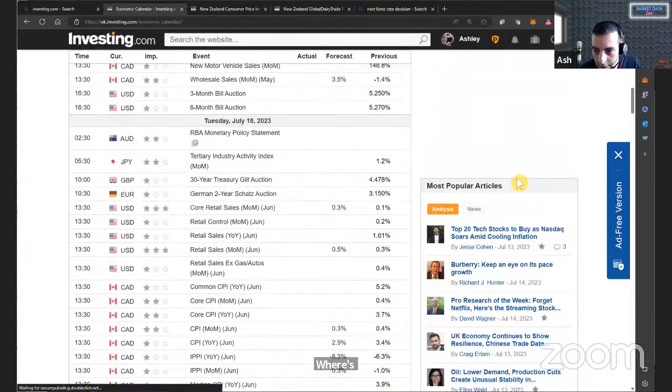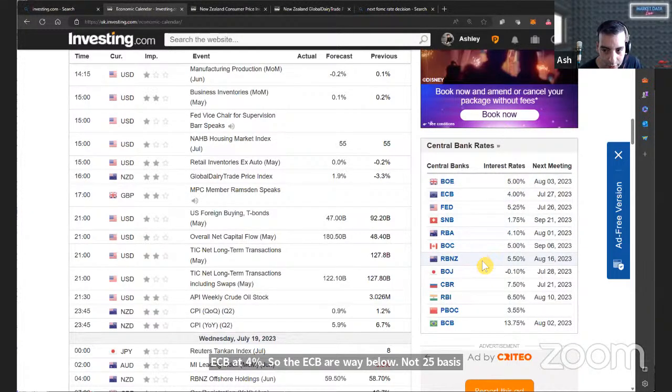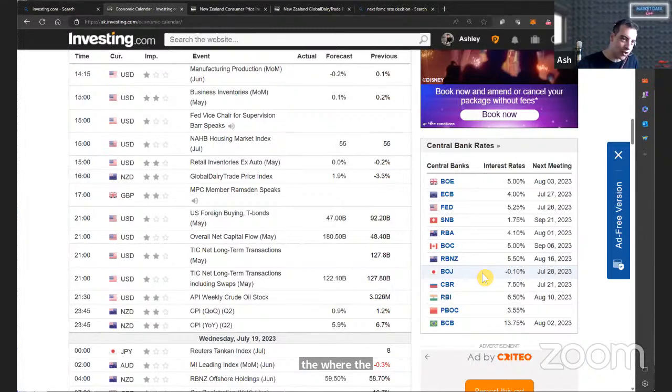You look down here: ECB at 4%. So the ECB are way below, not 25 basis points, 150 basis points below where the RBNZ are. The BOJ, negative 0.1%. So they are ridiculously below where the RBNZ are. So the swing eventually is going to go back to them.